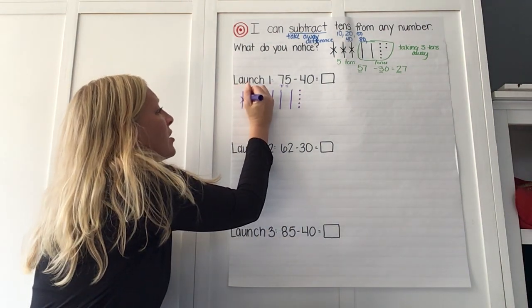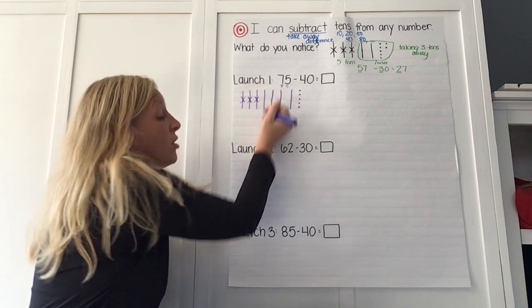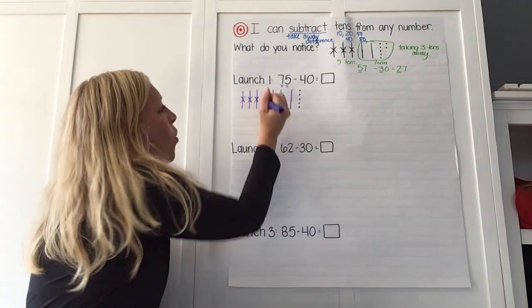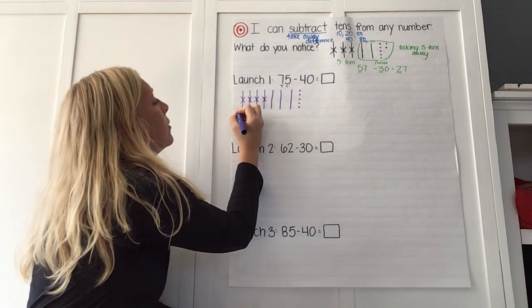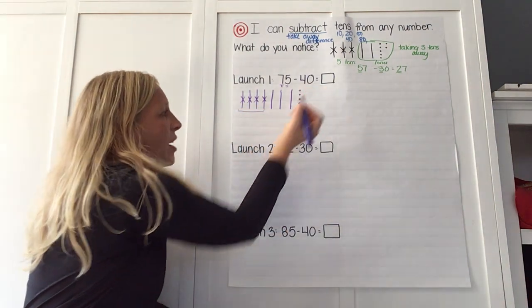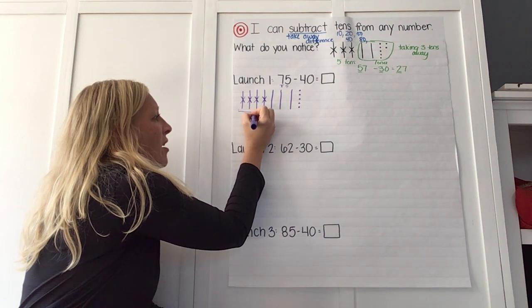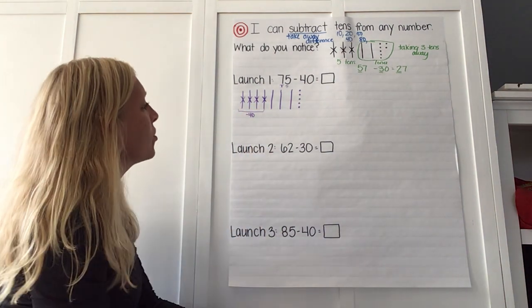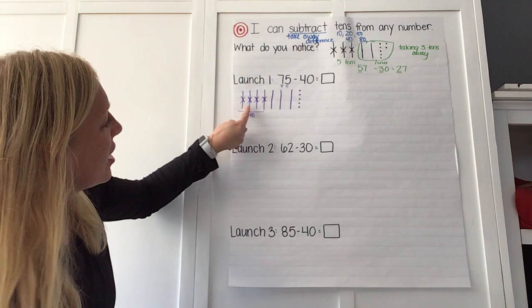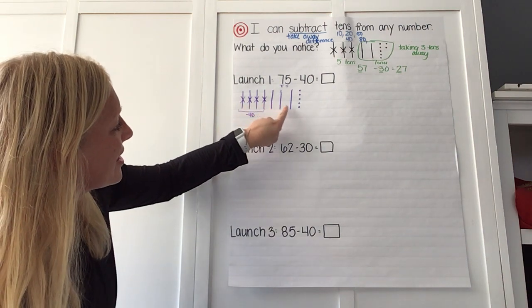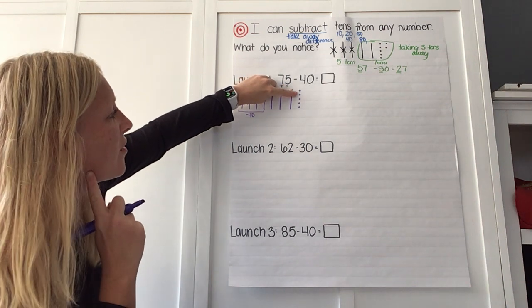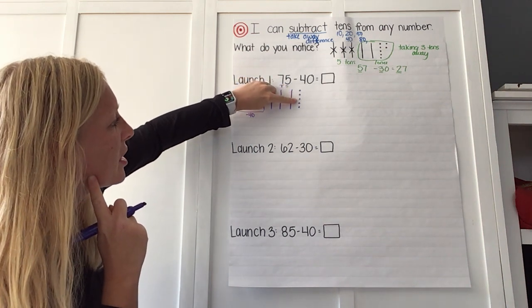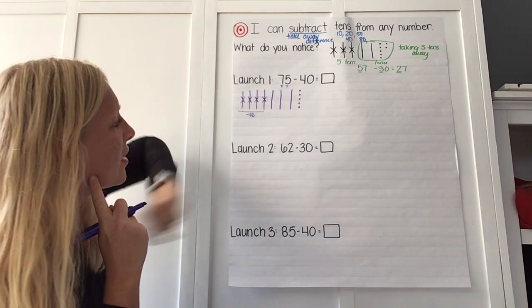What did you do next? Why did you cross off 4 10s? Or you didn't cross them off, you just took them away. Why did you take away 4 10s? Because the equation says to take away 40. So you had 75, 10, 20, 30, 40, 50, 60, 70, 71. Oh, I love those of you who are counting with me. 72, 73, 74, 75.